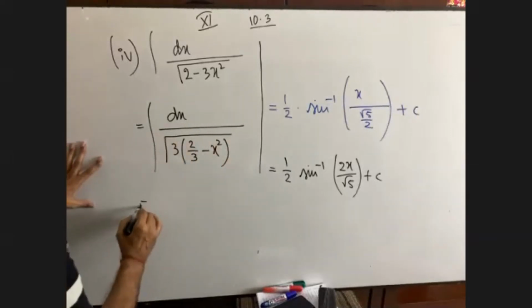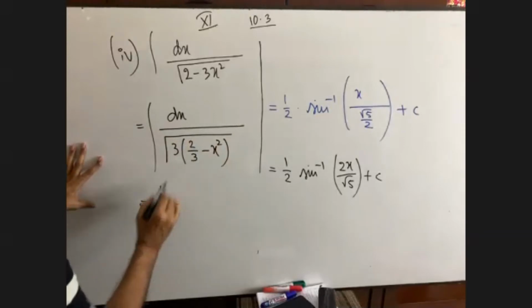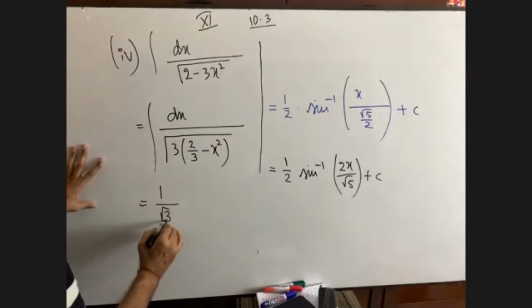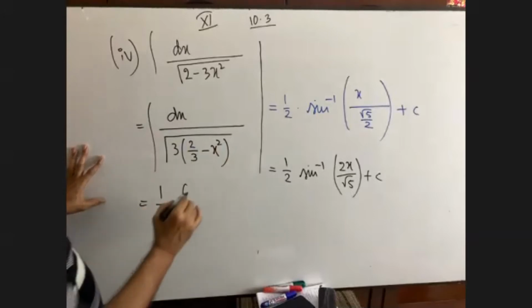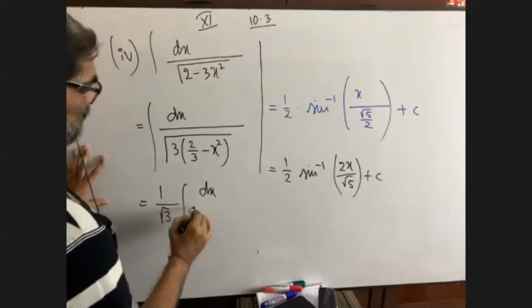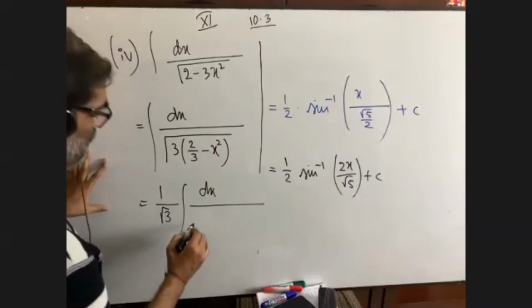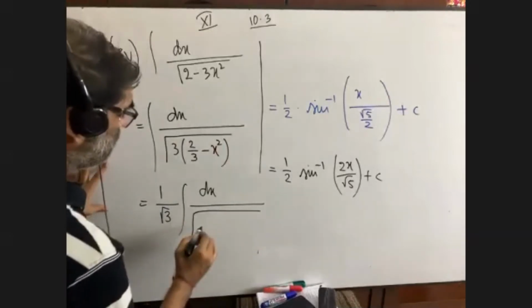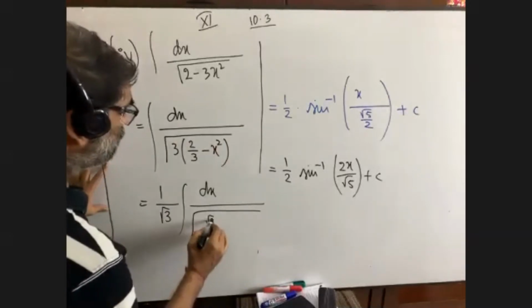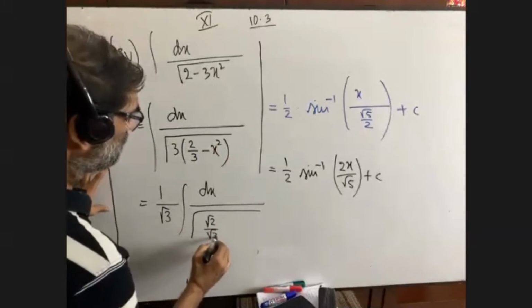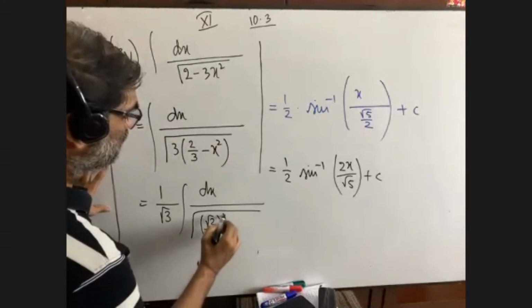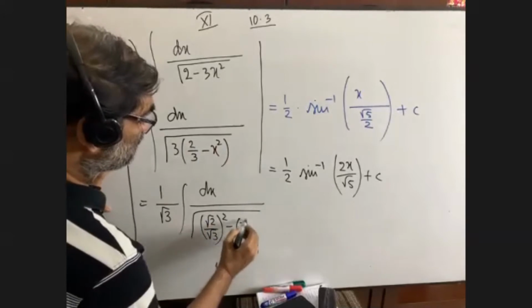Now we can do one thing. 1 by root over 3, then dx by square root, then it is root 2 by root 3 whole square minus x square.